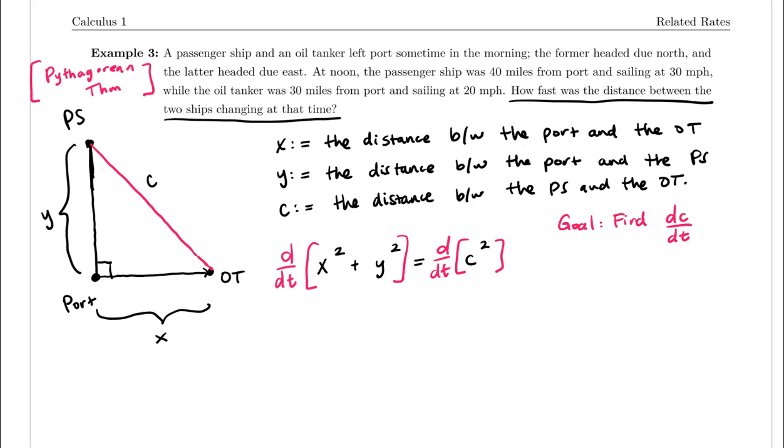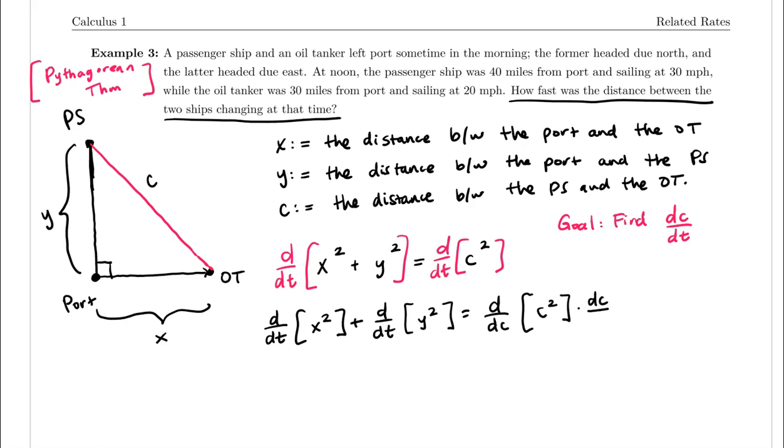I can separate the left-hand side because the derivative of a sum is the sum of the derivatives. On the right-hand side, I'm going to use chain rule, and then I would need to multiply this by dc/dt. I need to also use chain rule on the left-hand side.